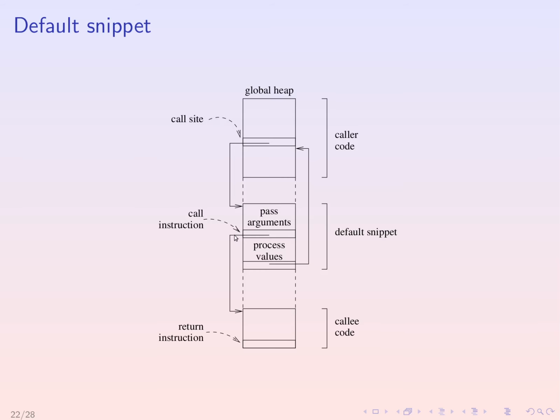And then there's a call instruction that transfers control to the callee, and at the end of the callee there's a return instruction that returns back here, and then there's the code that processes the return values so that they are put in the places where they're required for further computation in the caller.